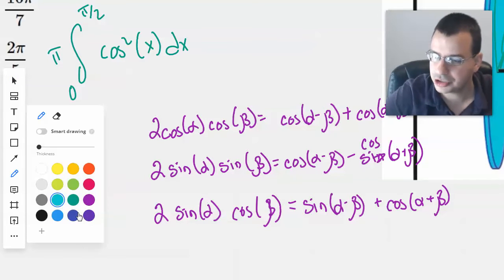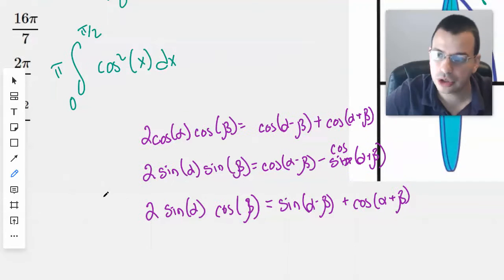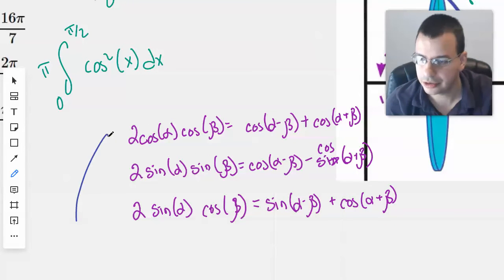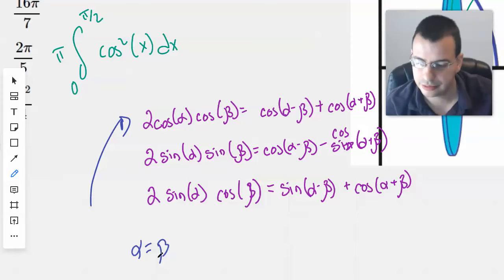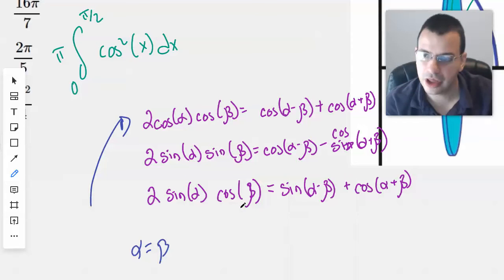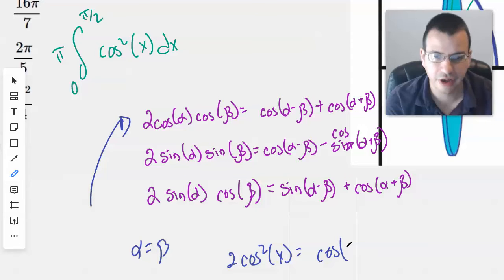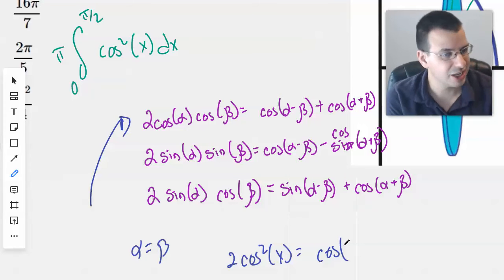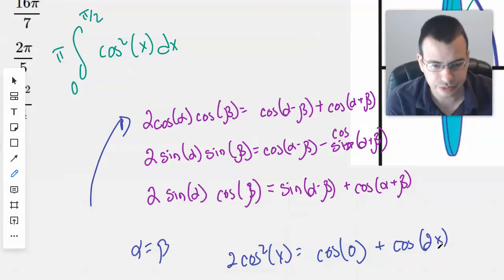So your first thought is, well, how do we get the cosine squared x to something else from here? Well, we use the first one right here. So we say, all right, what if alpha equaled beta? Then we'd have 2 cosine squared of x equals cosine of alpha minus beta, which are both the same, so it'd be cosine of 0, plus cosine of 2x.